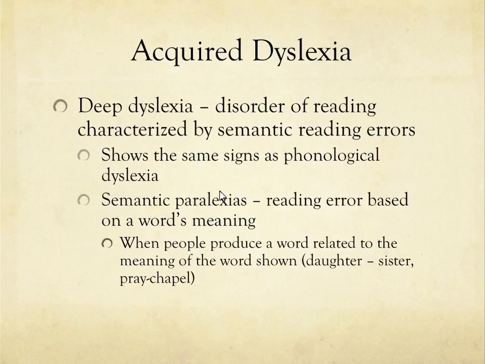But it's sometimes called semantic paralexias, where we get a reading error based on the meaning. So this is where you're going to have trouble knowing the difference between bow and bow, and read and read, and tear and tear.